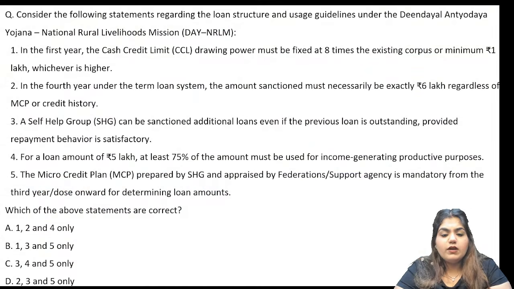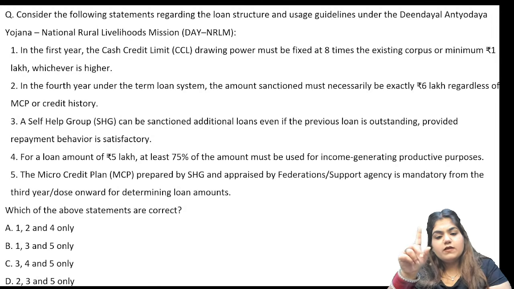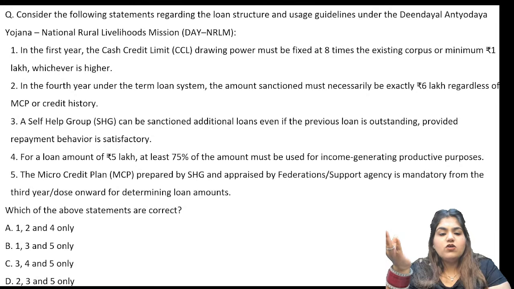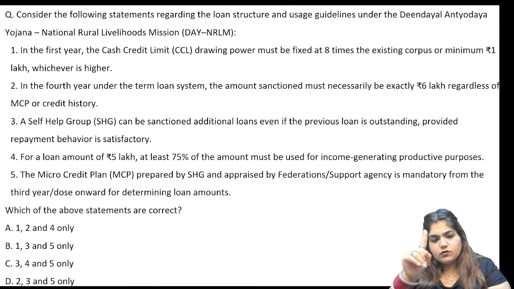Next, question number 1 is on the screen. C is the correct answer. In the first year, the drawing power is 6 times the existing corpus, or minimum 1 lakh, not 8 times.